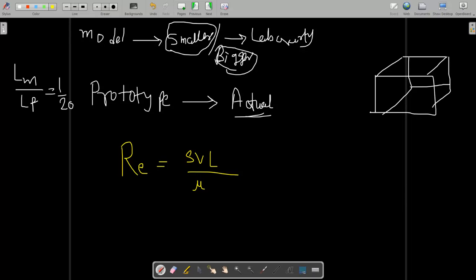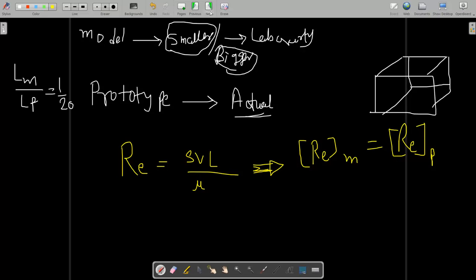It is the ratio of inertia force upon viscous force. So we have to use Reynolds model law. This is how you can estimate which model law to use. Whenever there is dynamic similarity, the Reynolds number of the model is equal to the Reynolds number of the prototype.